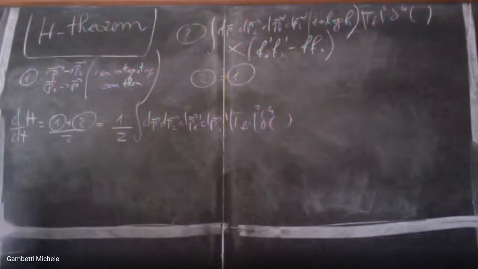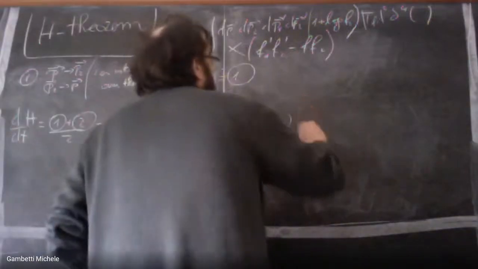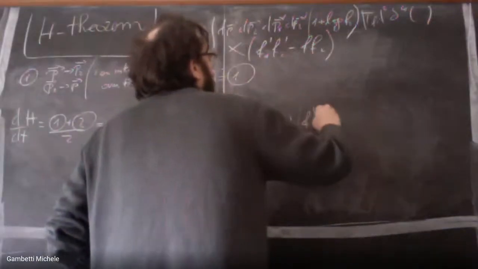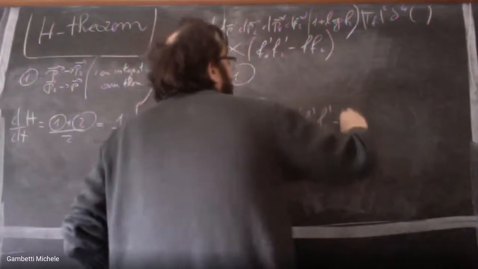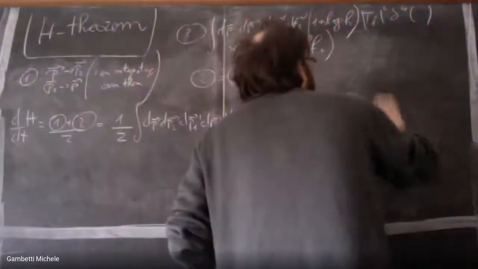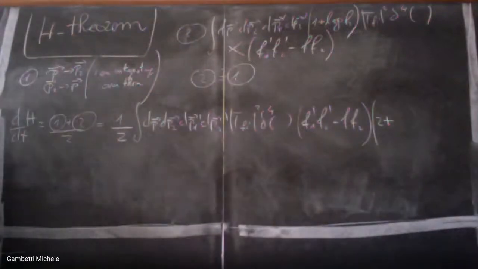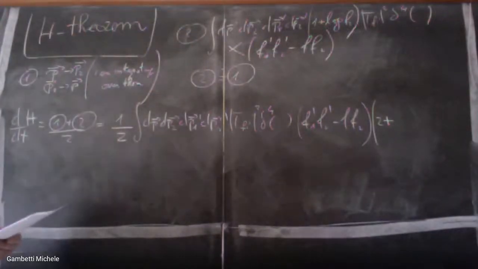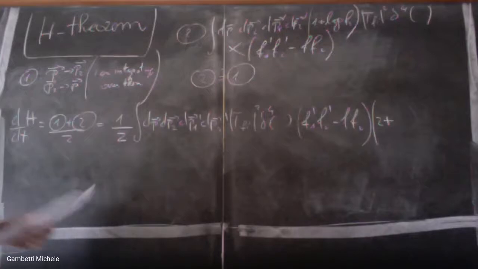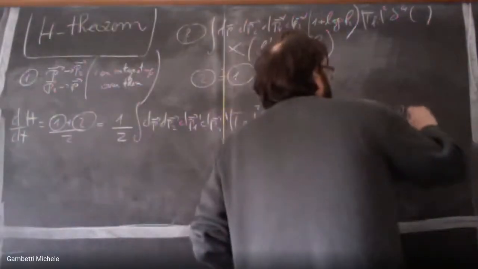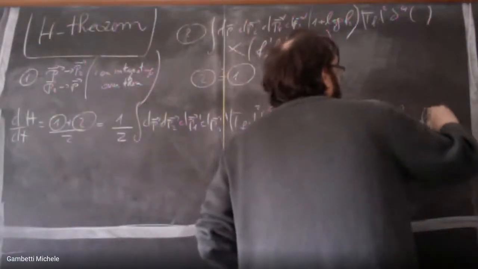This is the same, f1 prime f2 prime minus f f2, and then I have the sum of the two quantities here, which is 2 plus the log of f times f2, so log of f f2.